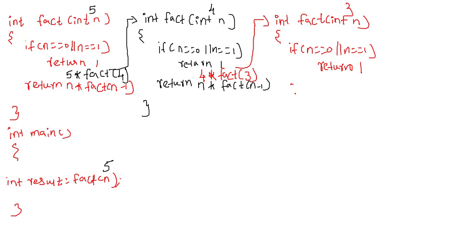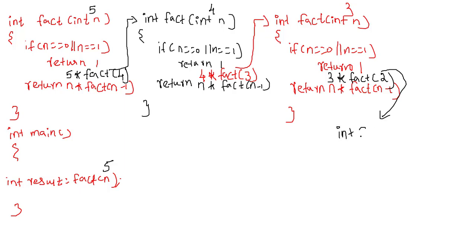So I'll go here and do return n into fact of n minus 1. So what is my n value? The n value is 3. I'll check the condition. The condition becomes false. I'll go here, return n into, the n value is 3, into fact of n minus 1. What is my n value? 3. 3 minus 1 is 2. Fact of 2. I'll call the function with fact of 2.